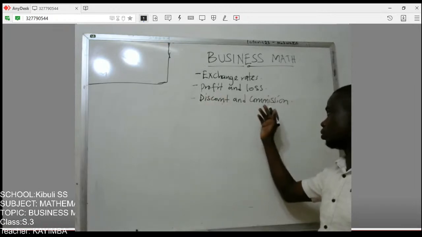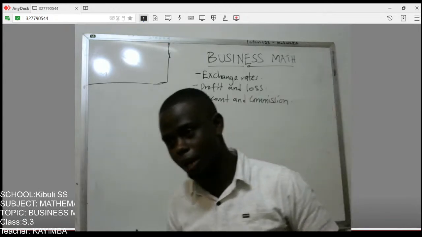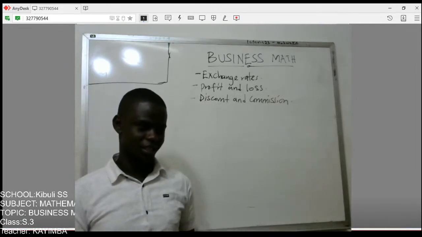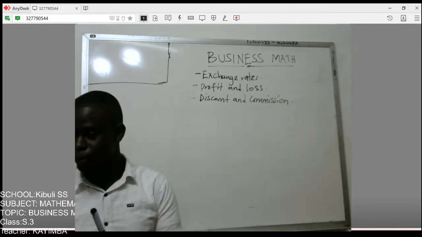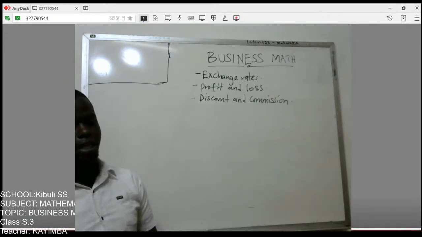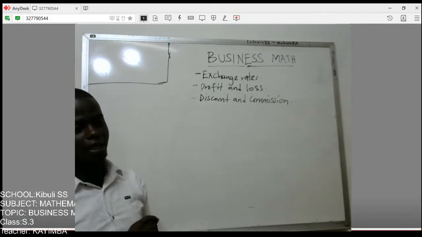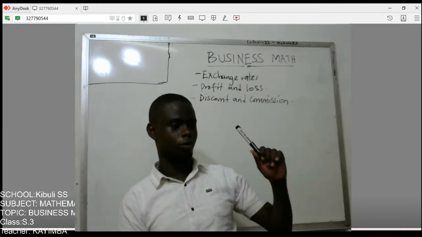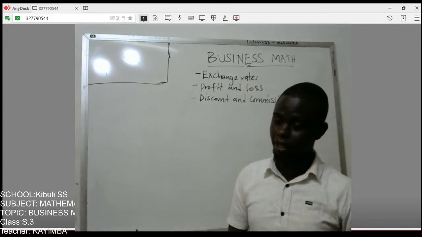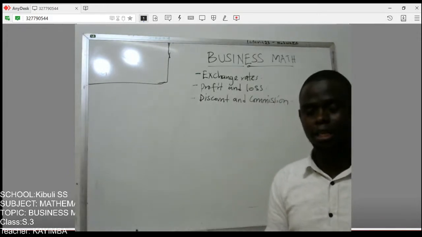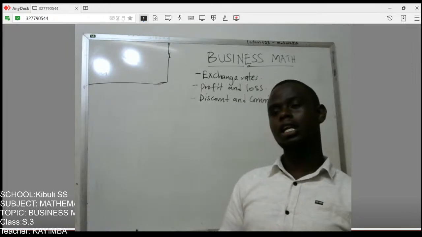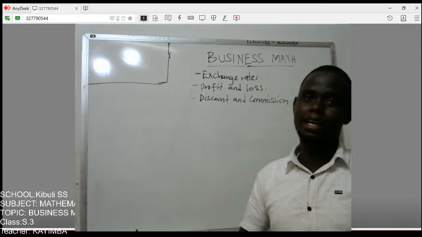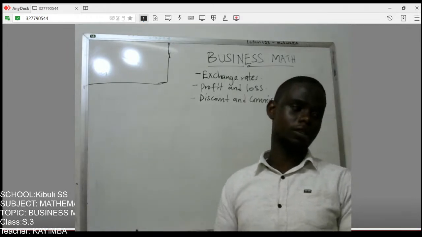When I talk of profit and loss, I think this one I'm going to jump. If you've ever done any business, you know the meaning of the word profit. Profit means that portion of money: if you deduct the buying price from the selling price, the amount that you remain with is what we call the profit. In other words, you can only gain a profit if you sell a product at a slightly higher price than what you purchased it at.